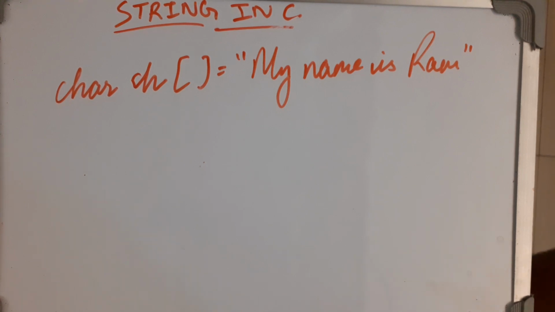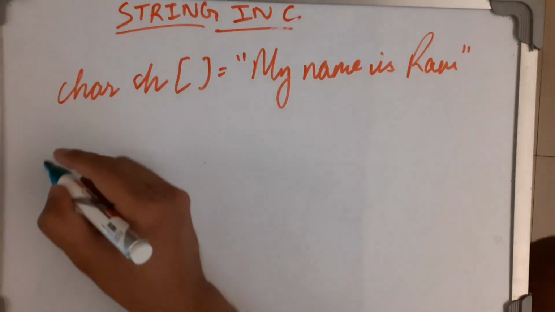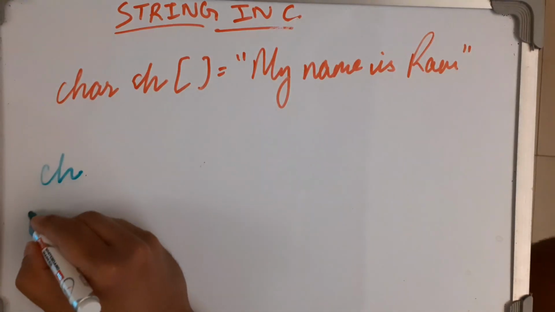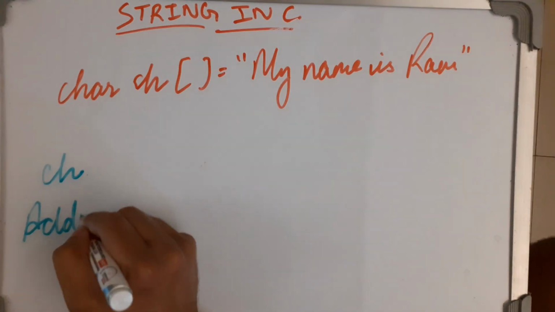Now how it is defined in memory, let me show you. It is defined like ch and address. Let me take a short string so that I can give a proper example. Take a string only.